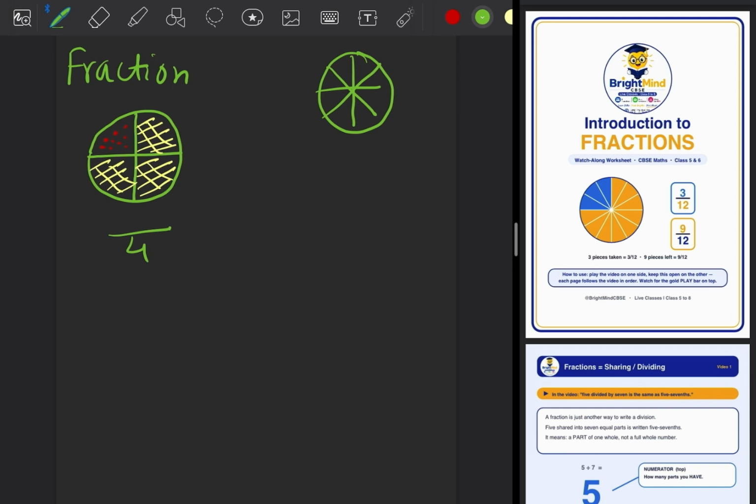So we could say 1/4 of this pizza has olives. One-fourth of this pizza has olives.